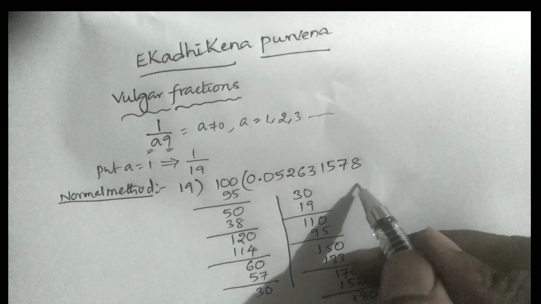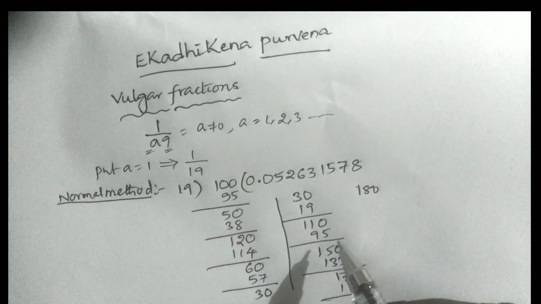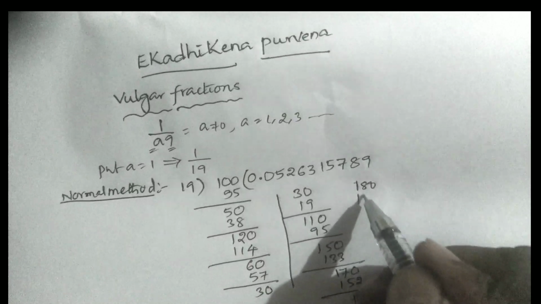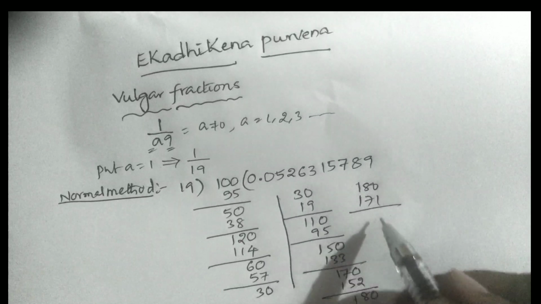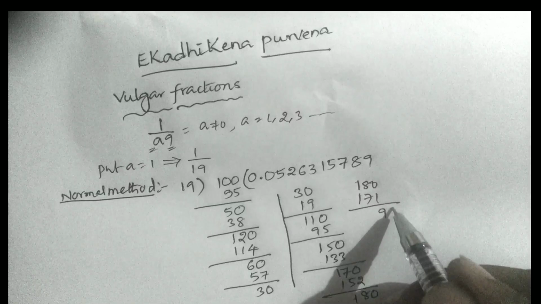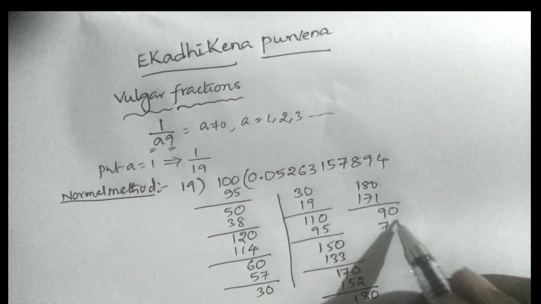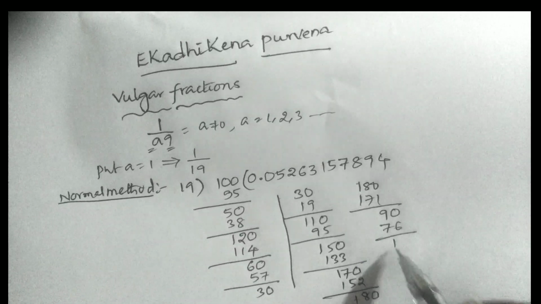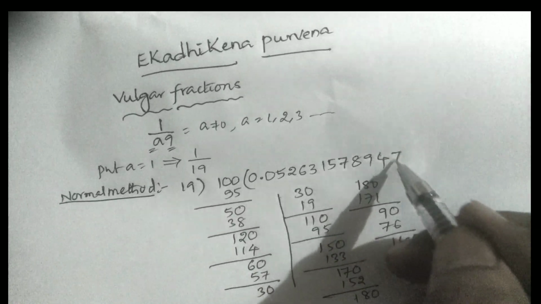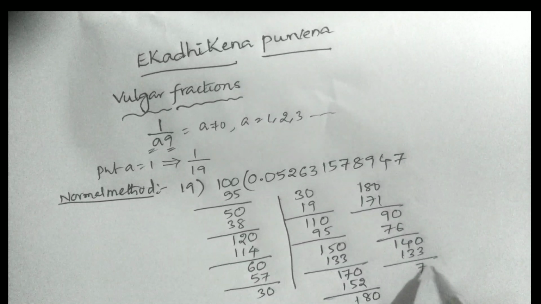I write here again. 19 9s are 171, subtract the numbers, the remainder is 9, take 0, 90. 19 4s are 76, subtract, it becomes 14, take 0, 140. 19 7s are 133, subtract, 7, which means 70.